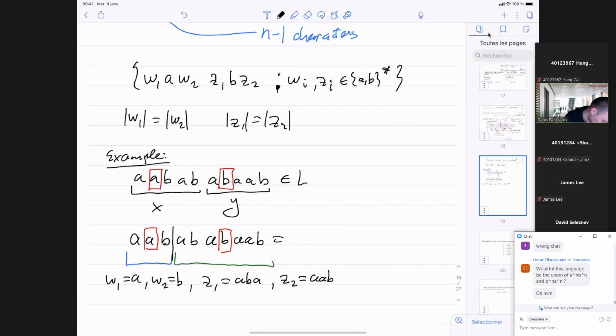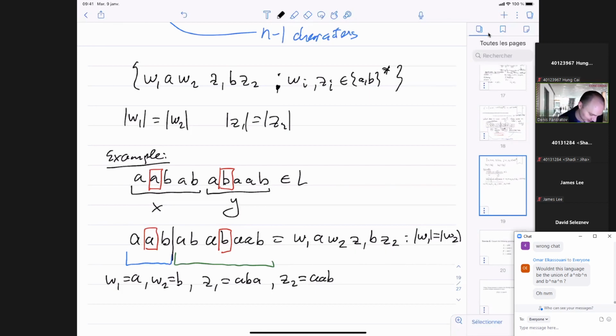And then this string becomes W1, A, W2, Z1, B, Z2, such that length of W1 is the same as length of W2. So we took the portion of the string where the character, which is going to differ from the corresponding character in the second half, is centered in that portion of the string.